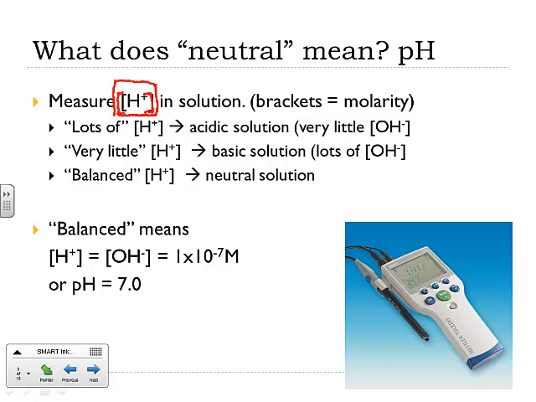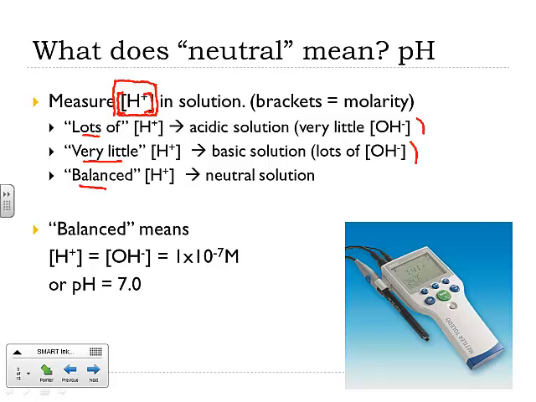So when you have lots of H plus, that's what's called an acidic solution, right? The definition of an acidic solution is that there's lots of H plus in it. If the H plus is very low, that means a basic solution. That means lots of OH minus. Last, you have a balance condition, and those are what are called neutral solutions.